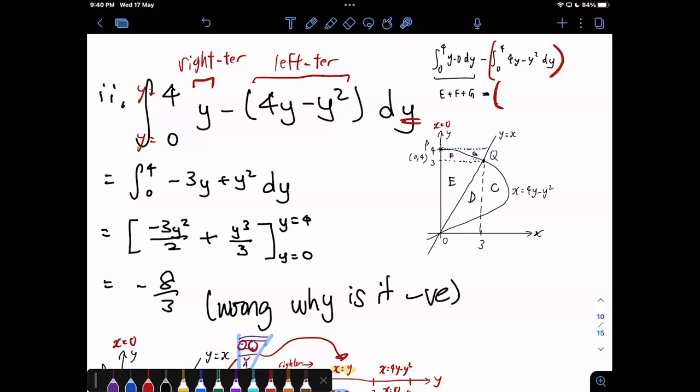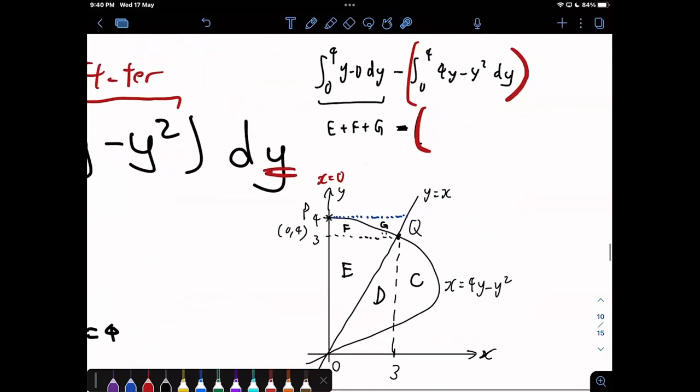In terms of the letters, what area is it representing? Isn't it all except for G? So it's C, D, E, and F, right? Okay, so we write down C plus D plus E plus F.